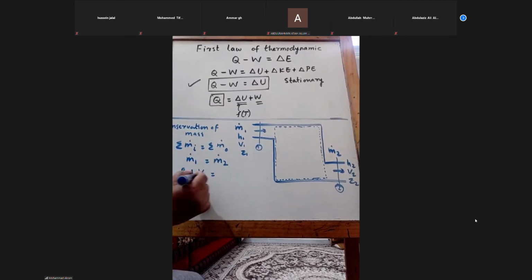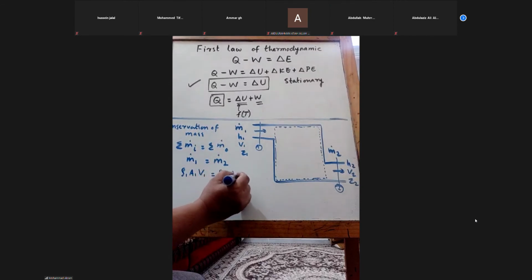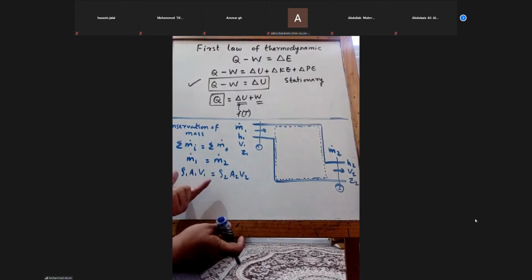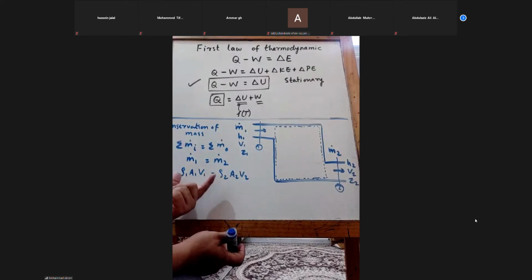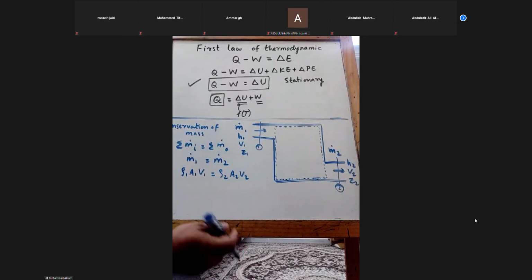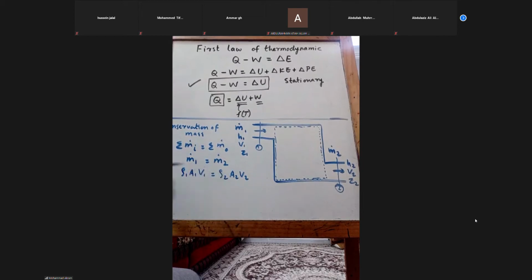So rho 1 A1 V1 equals rho 2 A2 V2. But in liquids, density is constant because it is incompressible. So A1 V1 equals A2 V2, the continuity equation. But here, in thermodynamics, because of the temperature, the density also changes, whether it is liquid or gas. So rho 1 A1 V1 equals rho 2 A2 V2. This is the mass conservation equation.